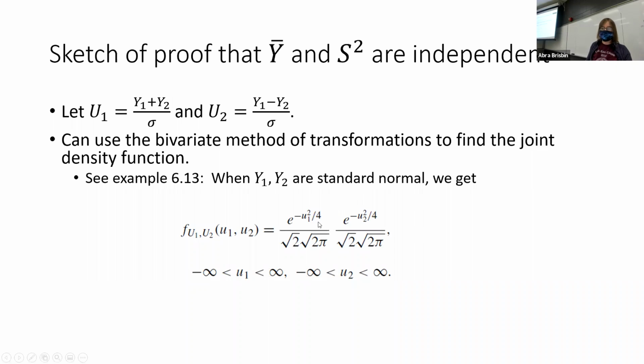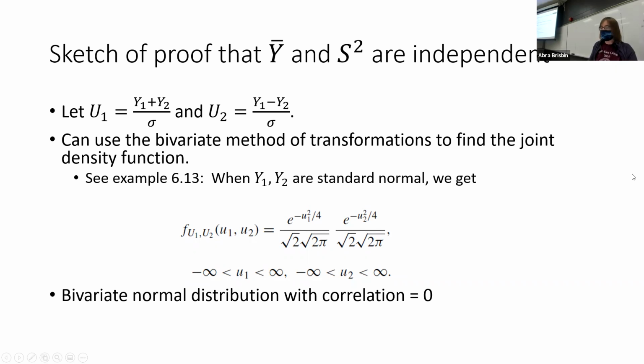So it turns out that this is a bivariate normal distribution, specifically with correlation equal to 0. If the correlation were non-zero, then there'd be an extra factor in the middle here that involved both U1 and U2 and the correlation coefficient.